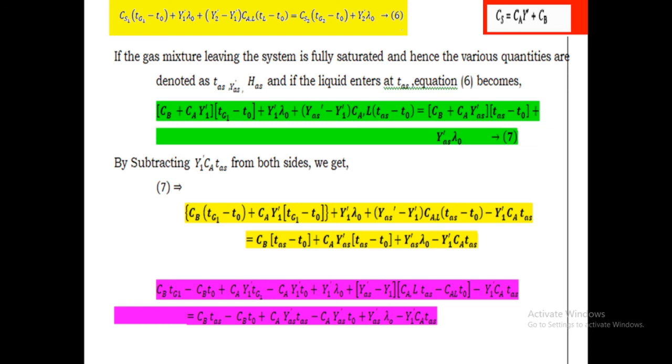Are you clear or not? Okay. That is equal to, multiplying with the temperature difference, Cb into TAS minus Cb into T0, plus Ca Y dash AS into TAS minus Ca into Y dash AS into T0, plus Y dash AS into lambda naught, minus Y1 dash Ca into TAS.